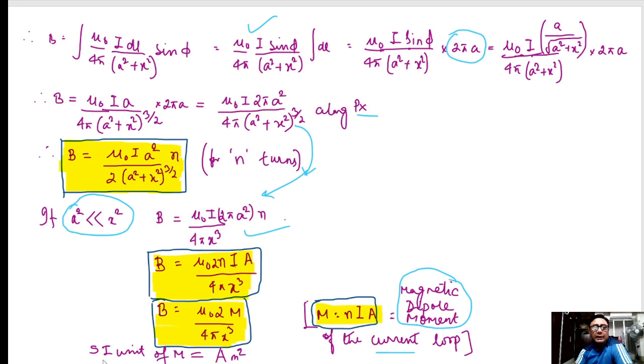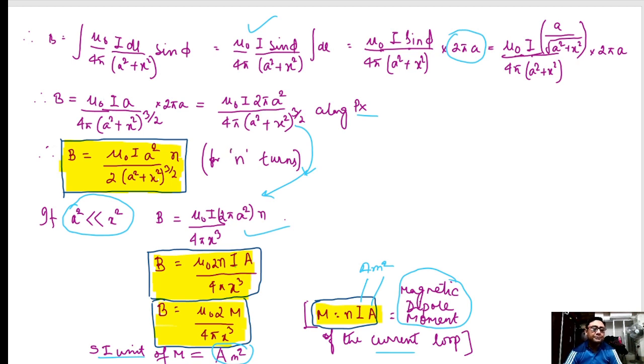And what is the SI unit of M? It is ampere meter square, because it is I into A, so ampere meter square is the SI unit of this. So this is the magnetic field due to the circular wire at a distance of x.